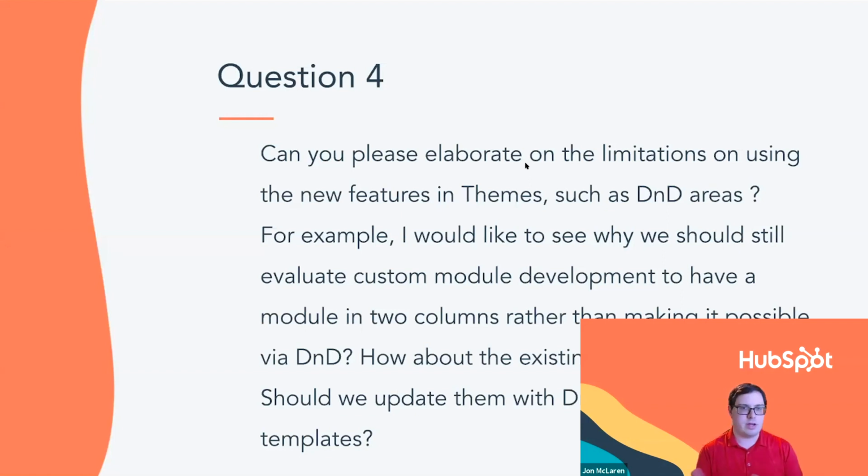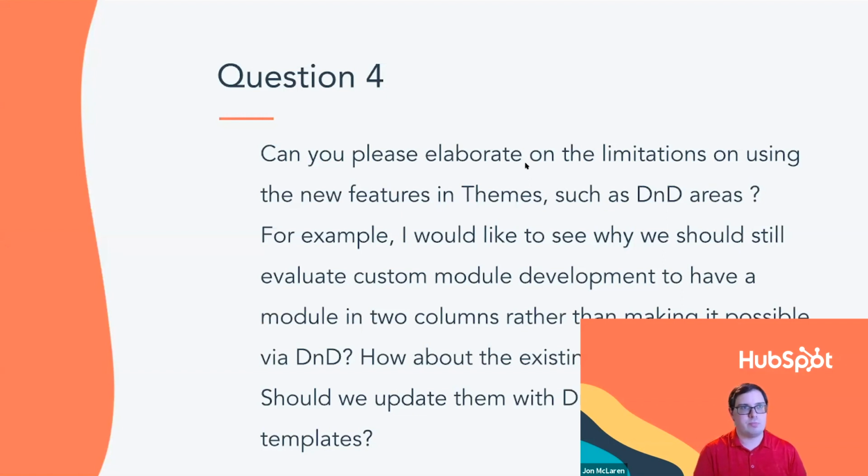But at other times, it may make sense to make smaller modules that the marketer and the end user can then rearrange and create sections that create a styled appearance for them through the drag and drop editor.